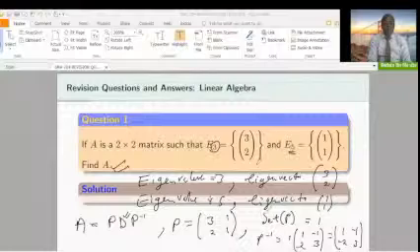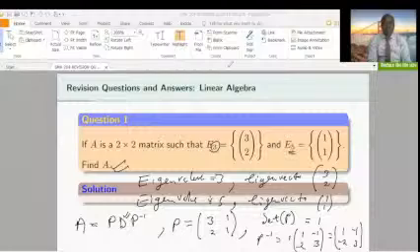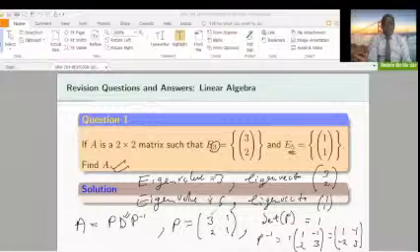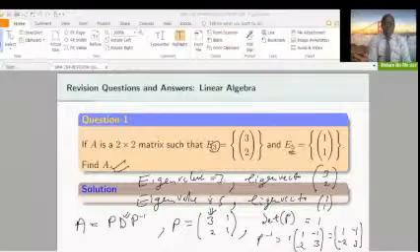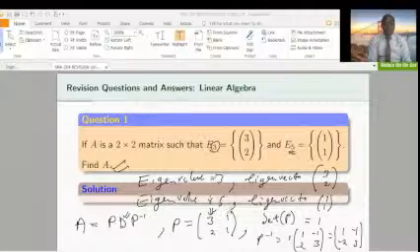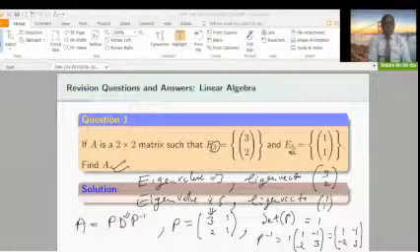So to find D, let me just create some space. But before I create some space, notice that the first eigenvector that we wrote in P, the corresponding eigenvalue is 3. And the second eigenvector that we wrote in P, its corresponding eigenvalue was 5.